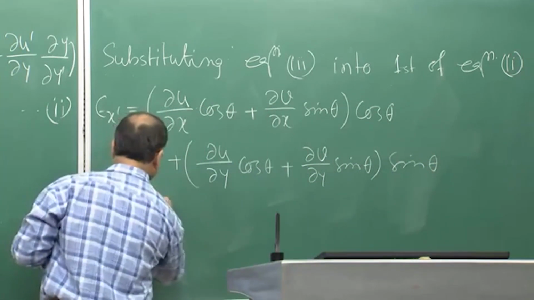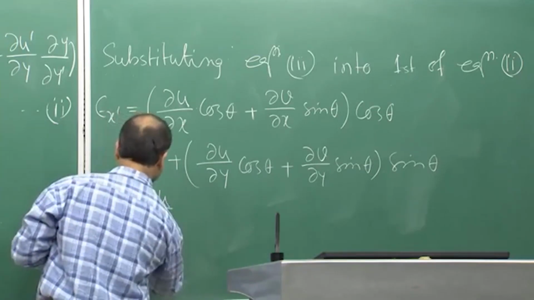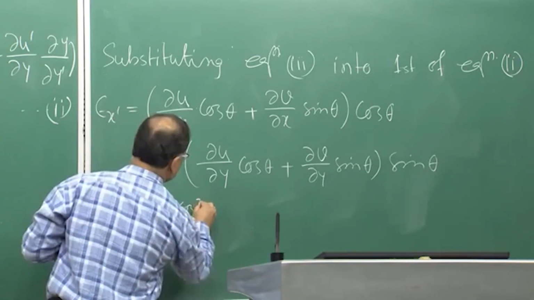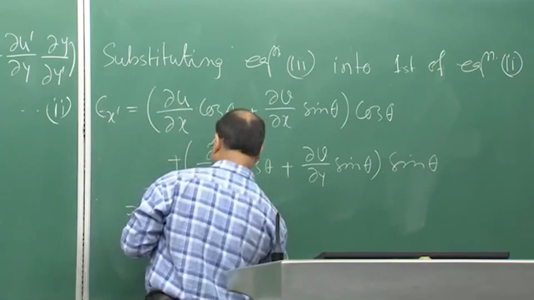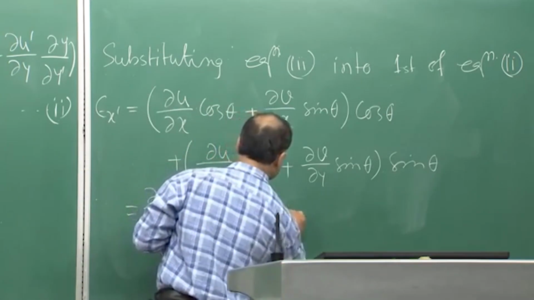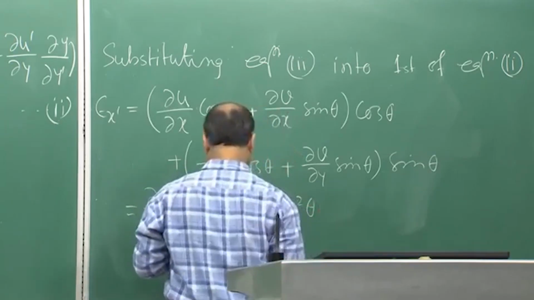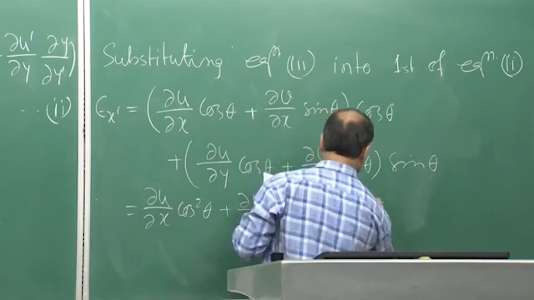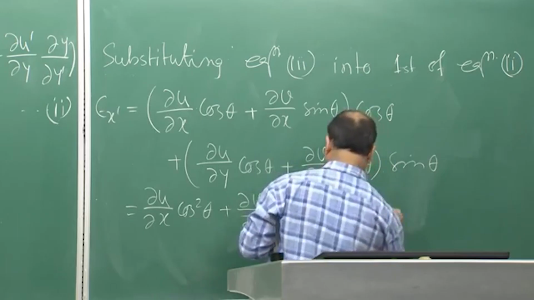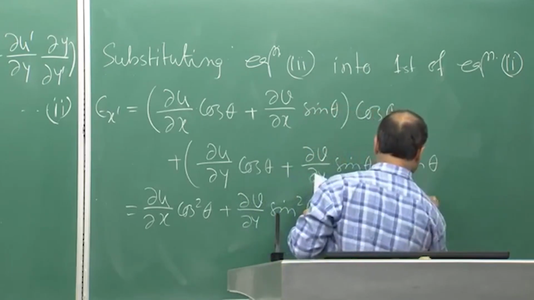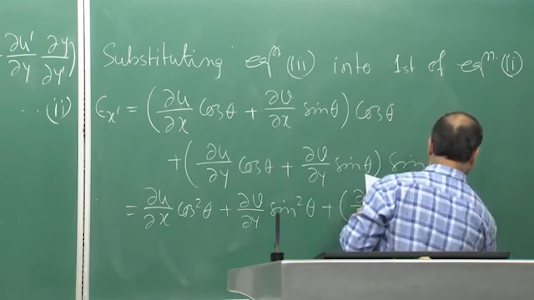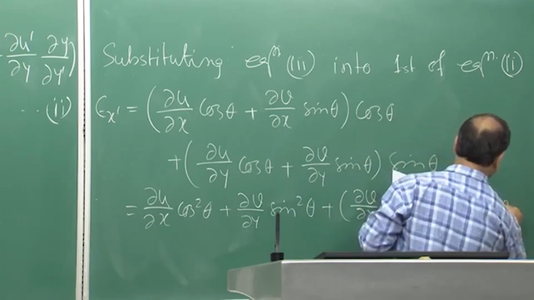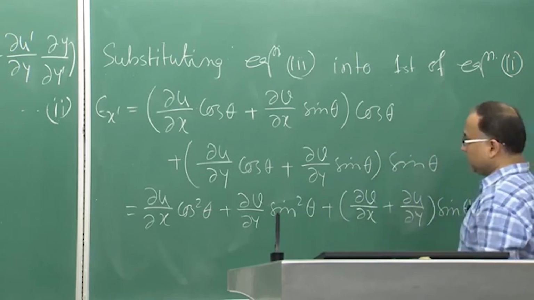Finally, I can write del u del x cos square theta plus del v del y sin square theta plus del v del x plus del u del y sin theta cos theta.